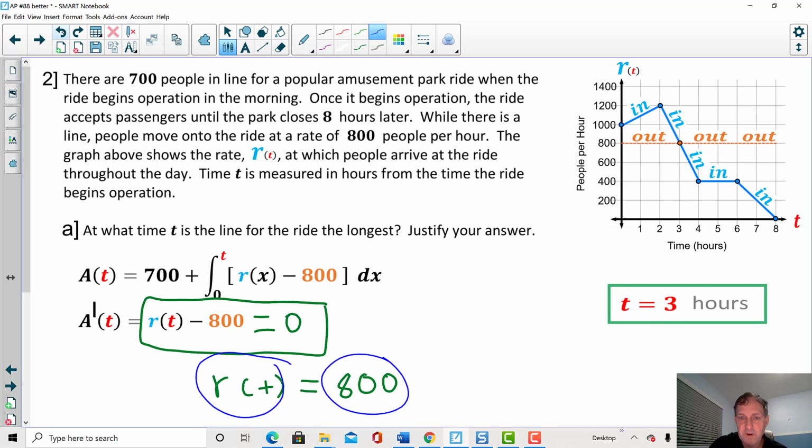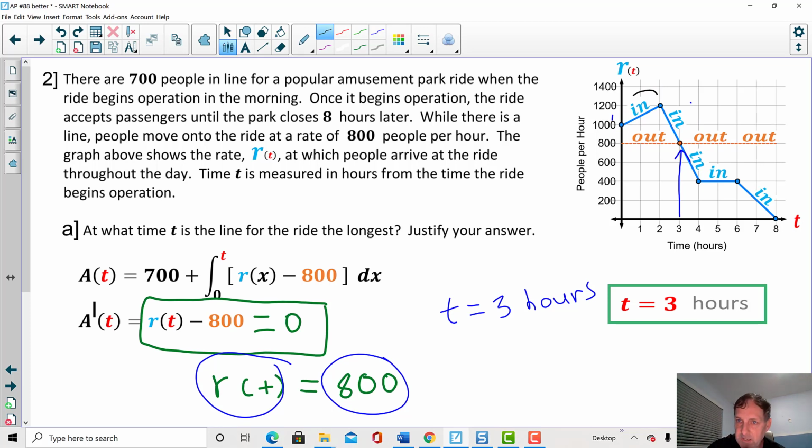So that's kind of like our critical number. So our critical number is T equals 3 hours. We could also check the endpoints, which would be 0 and 8, except it's a little bit easier than that. We can clearly see that there are more people getting in line compared to the amount of people getting out of line all the way until that moment in time.